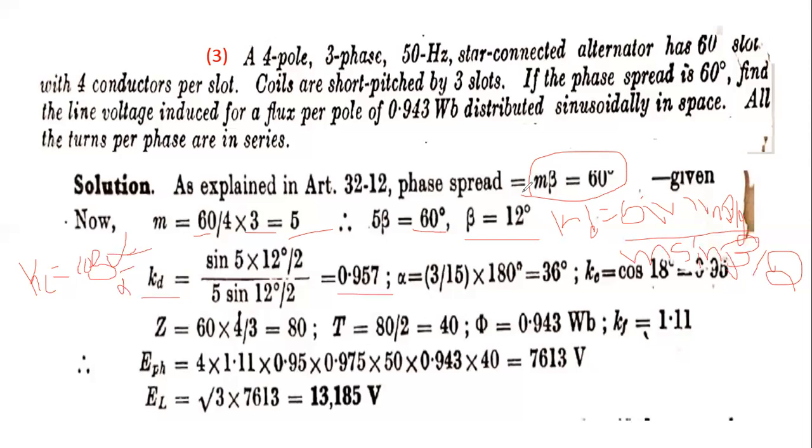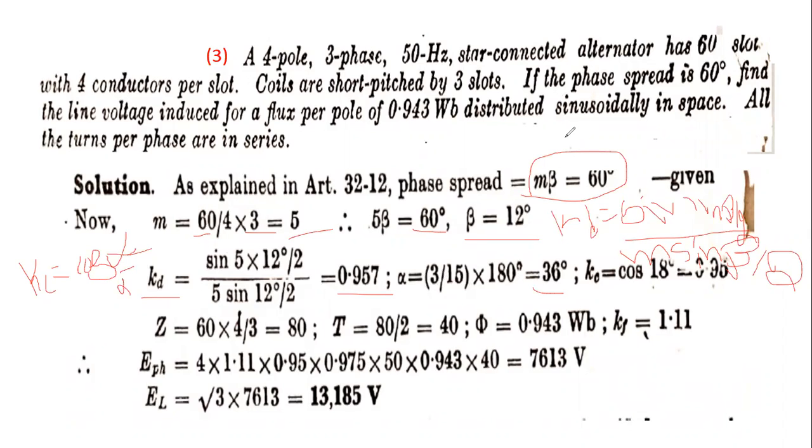Phase spread means m into beta. How will we calculate that alpha? That is 3 phases, 3 by 15, this is the constant formula when we are not given any electrical degrees. That is 3 by 15 into 180 degrees, which will be equal to 36 degrees.